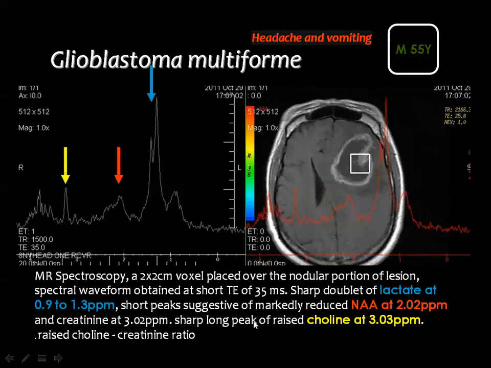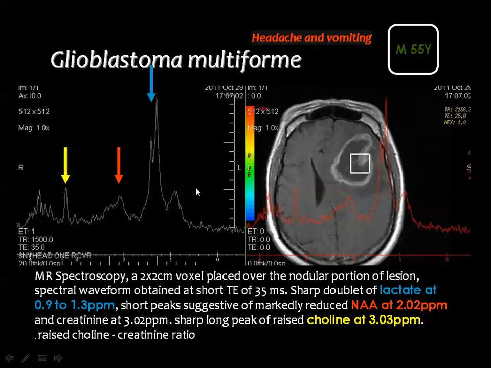And this is an example of a glioblastoma multiforme in the left frontal lobe showing marginal enhancement of non-uniform thickness. If you put the voxel at the edge of the tumor, it will include viable tumor tissue and areas of necrosis. If there are areas of necrosis, then you get elevation of the lactate peak.